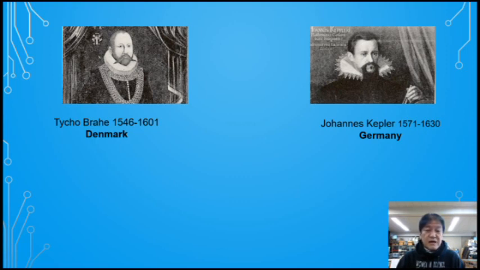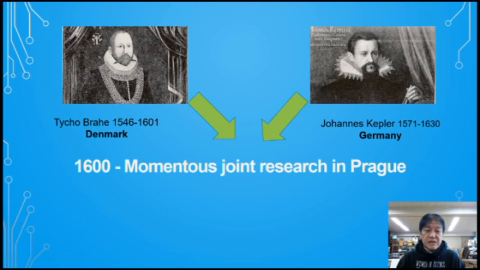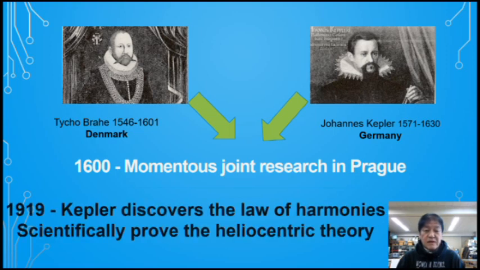As fate would have it, they met in 1600. Tycho passed away 1 year later, but about 20 years down the road, Kepler derived the law of harmonies and scientifically proved the theory of heliocentrism, which today we take for granted.